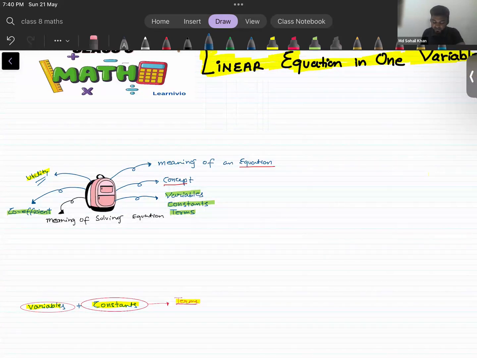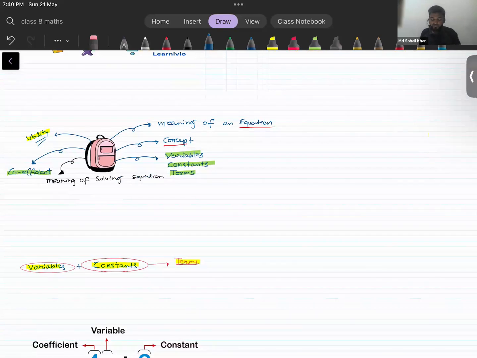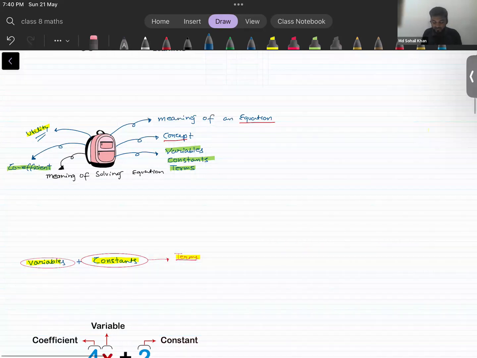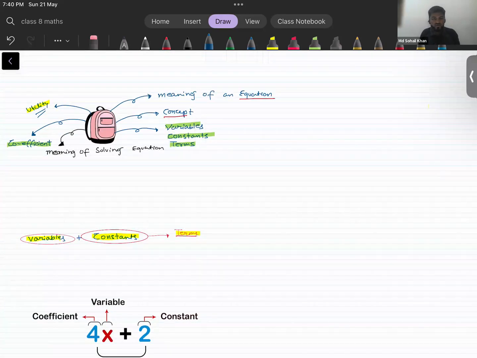Let's quickly revise them. So you see, we have variables and we have constants. Variables are basically representations of numbers using alphabetical letters. It could be a, x, y, z, anything.